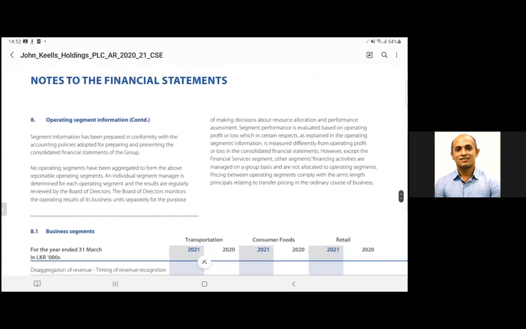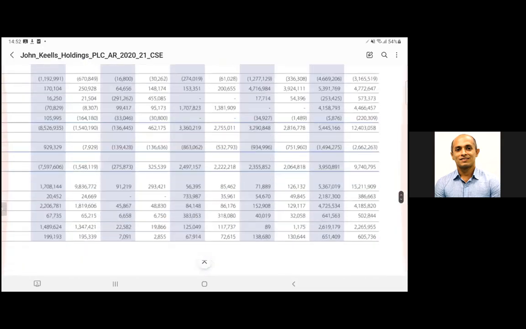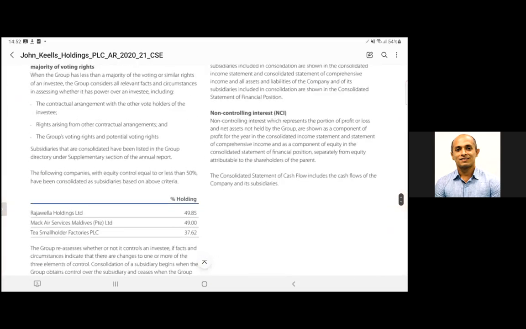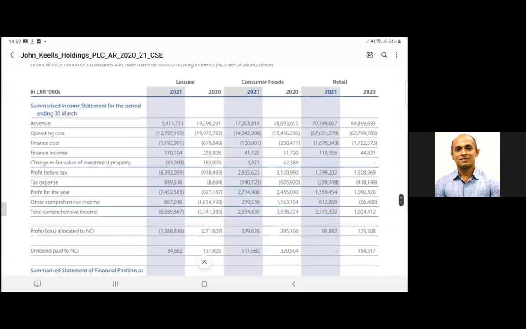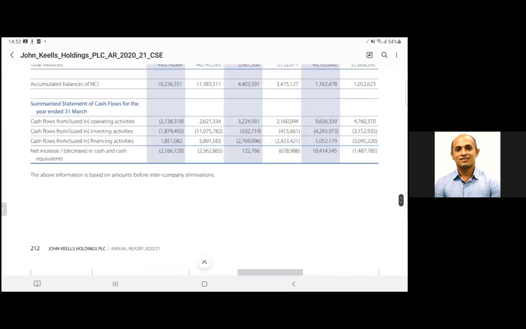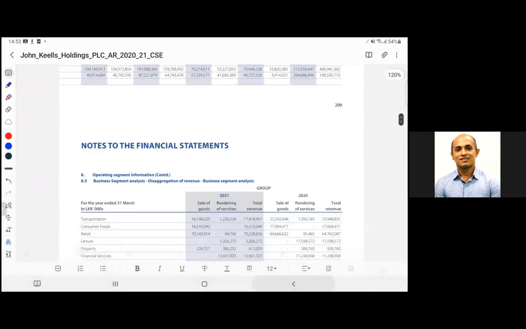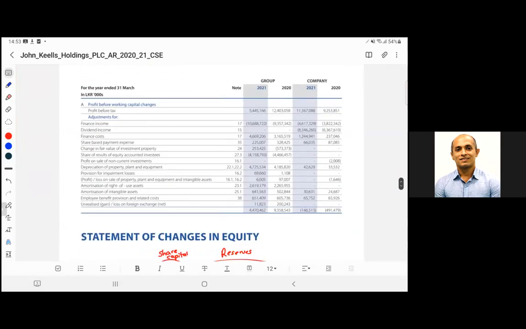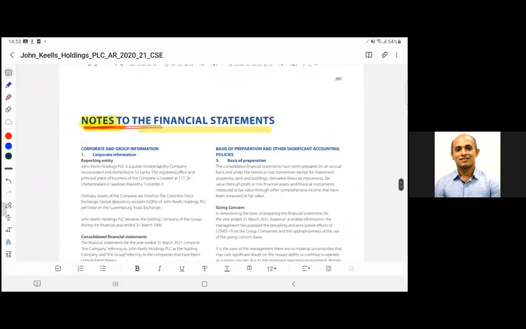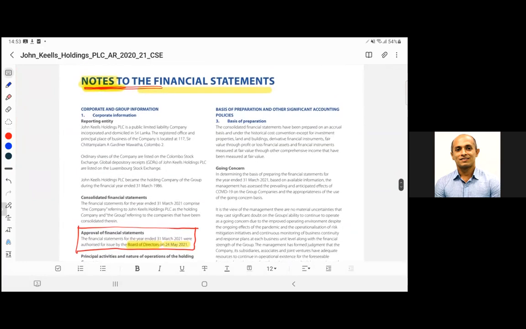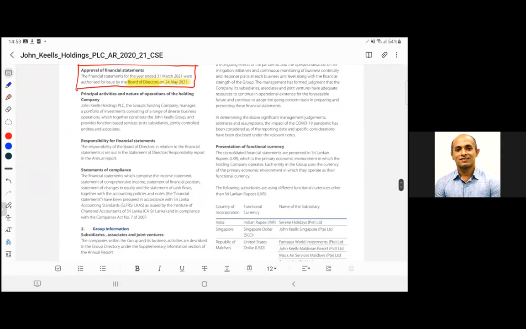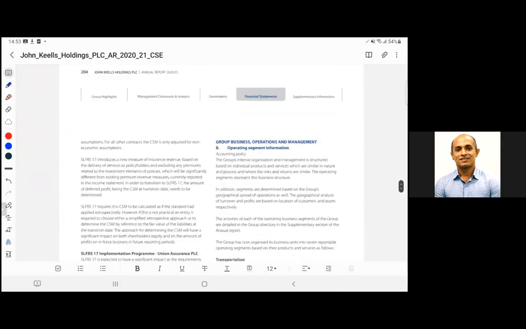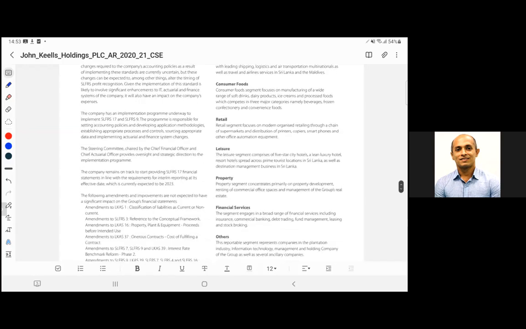You see in the financial statements, under accounting policies, right? Now these are the financial statements. Then you can come to the notes to the financial statements. In the notes, you can find accounting policies.